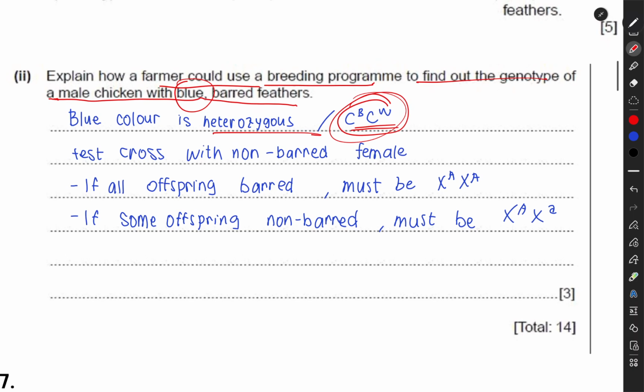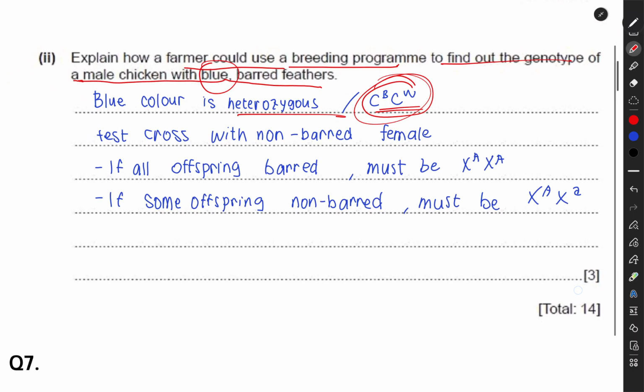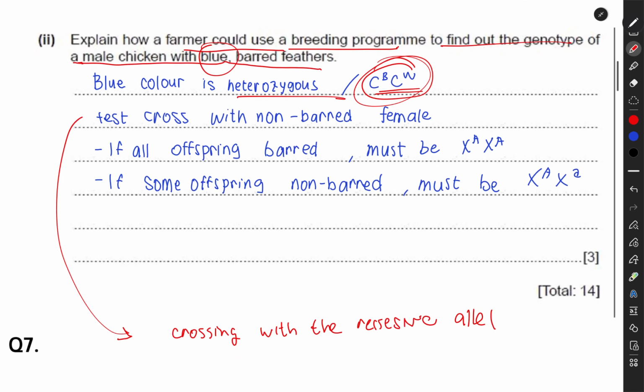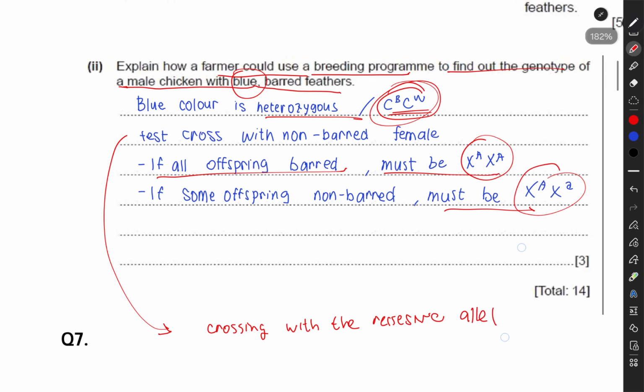So we need to do a test cross. What is a test cross? It is crossing with the recessive allele. If all offspring are barred, it must be homozygote dominant. If some offspring are non-barred, it must be a heterozygote.